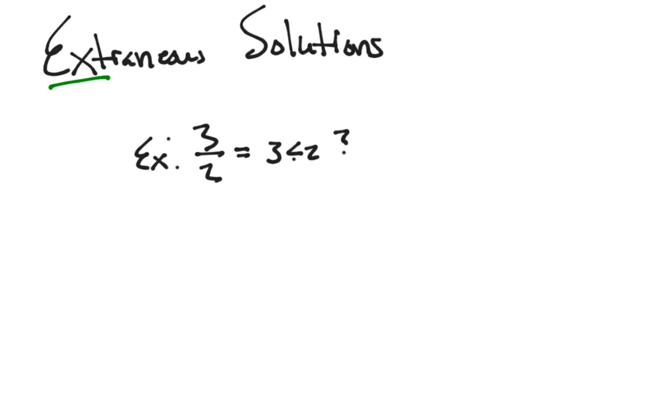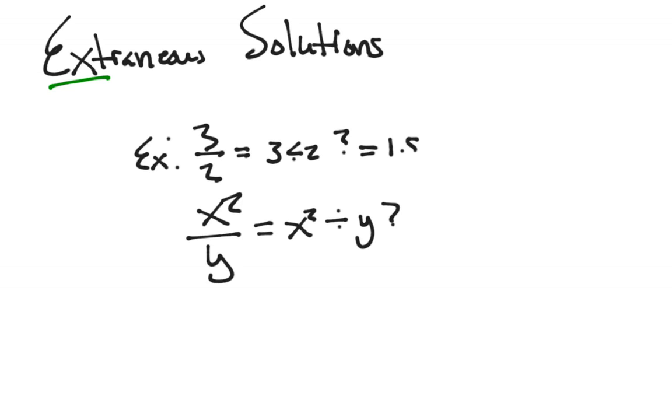And even rational expressions, I have x squared over y, that's the same as, what is x squared divided by y? And now because x and y are variables, x and y can be any set of numbers, we can't actually do this division like we can with 3 and 2, and get a nice pretty 1.5.